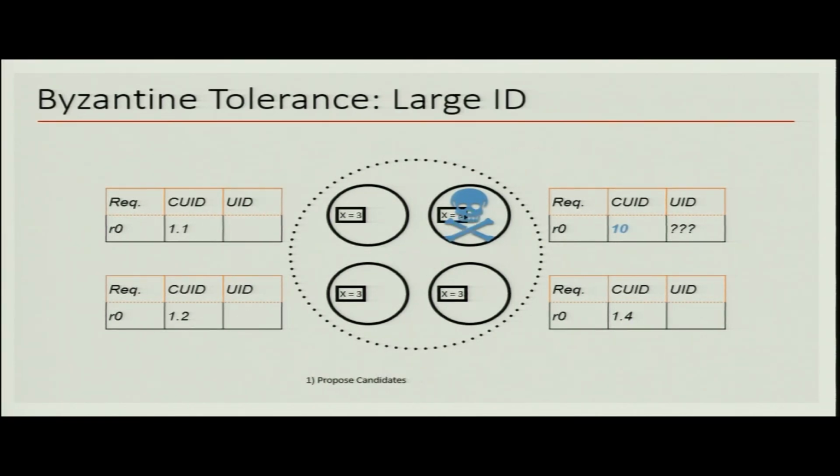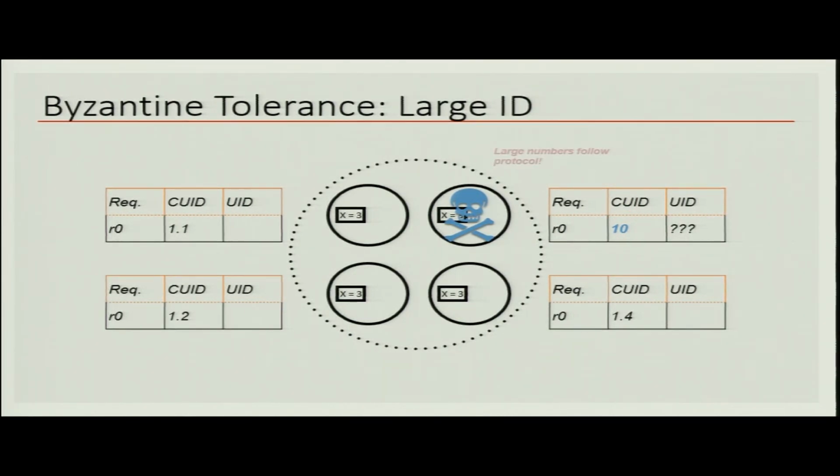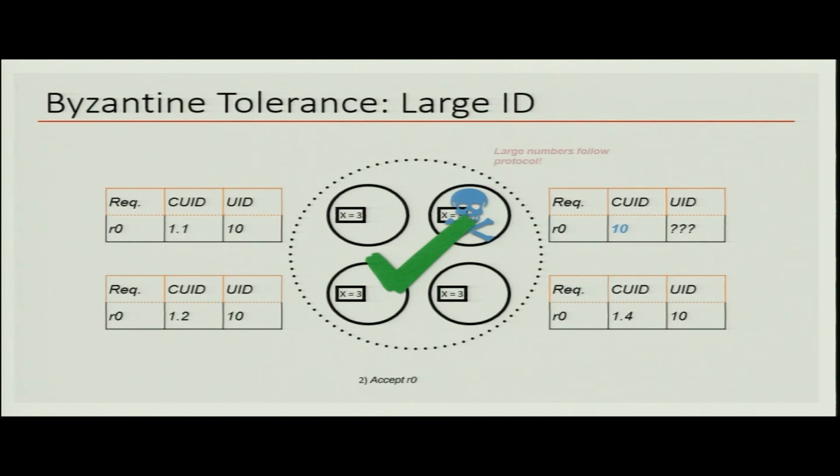So, this also worked. What if this guy gives you a large ID? So, he gives 10. Now, based on the algorithm, you have to decide on the ID of 10 for everybody else. This is fine as long as there is only one transaction.